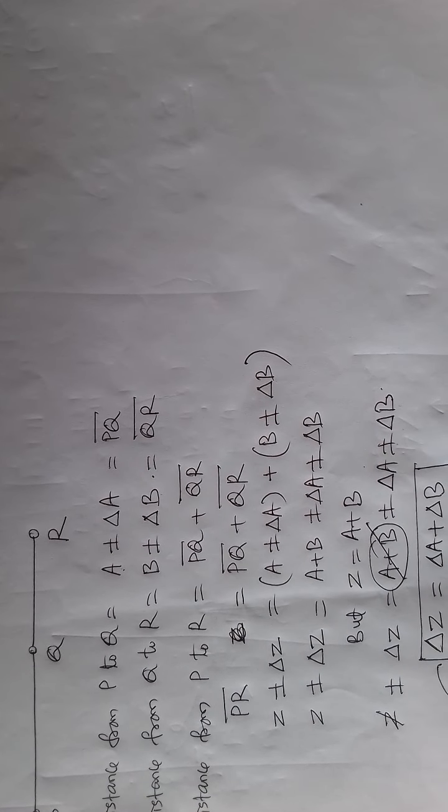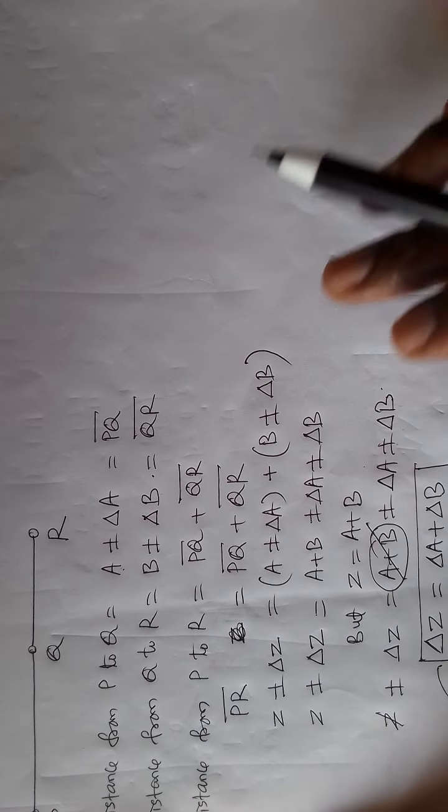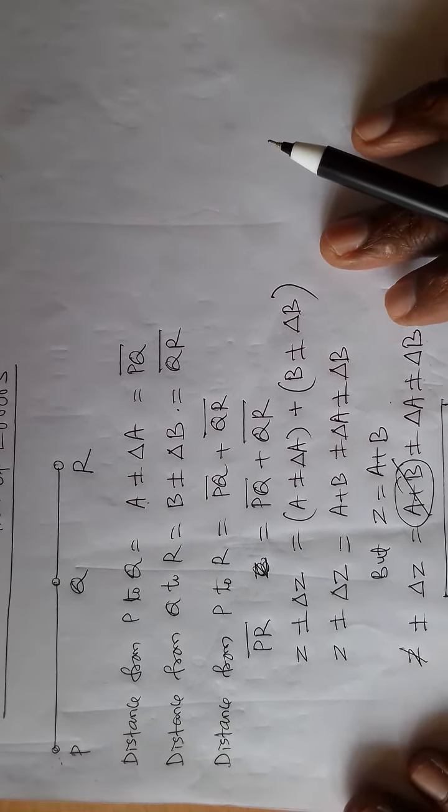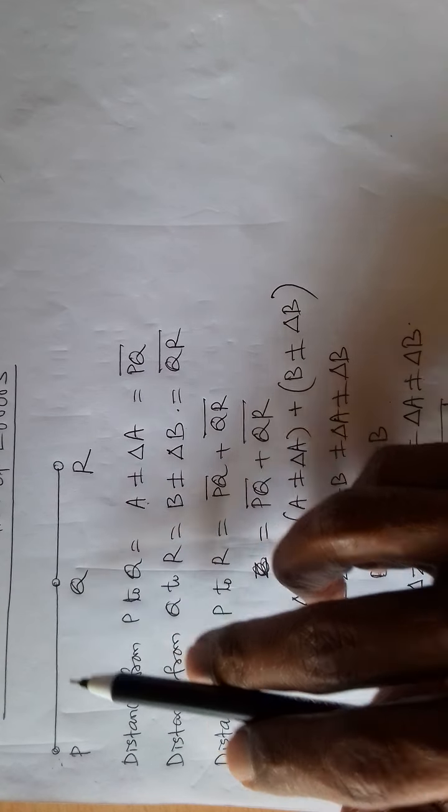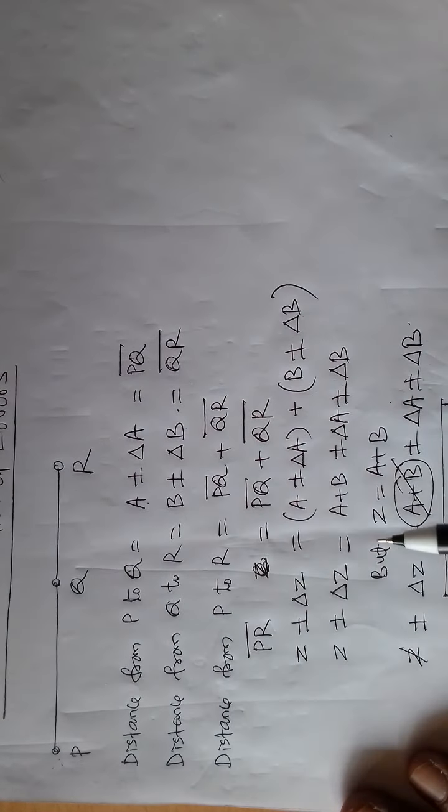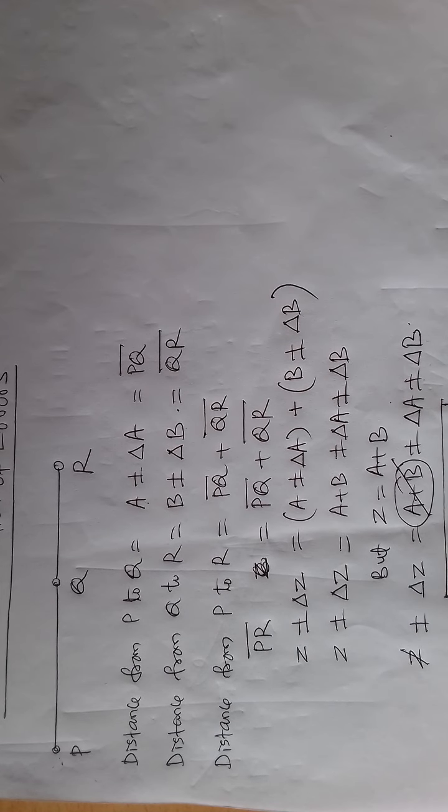It means no error is committed. Has it any meaning? It has no meaning, because here 1 centimeter error is committed, here 1 centimeter error is committed. On a whole, you are saying no error is committed. And that is coming by allowing minus sign here.